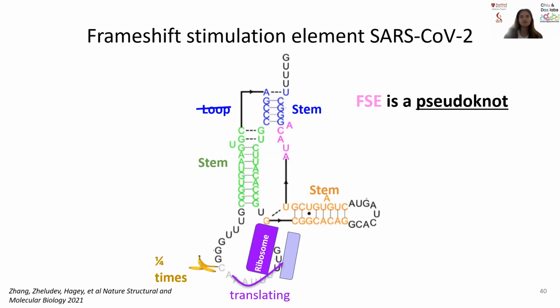So for someone that thinks about 3D space a lot, an interaction like this really constrains the shape the RNA can make in 3D, because this loop now has to come near this far away part of the RNA. So these are great targets if we're interested in nice compact RNAs.